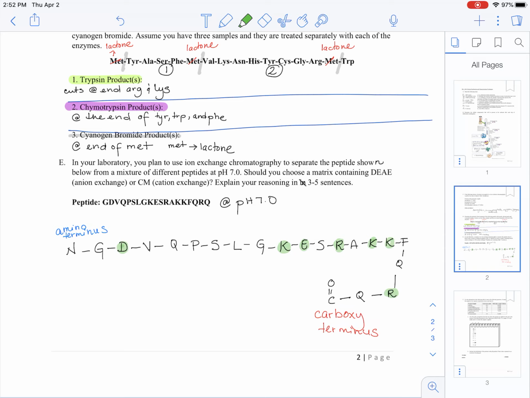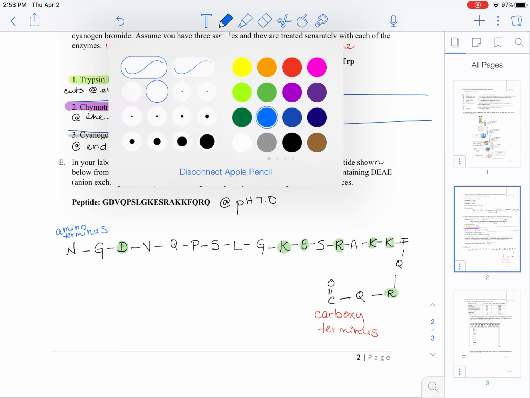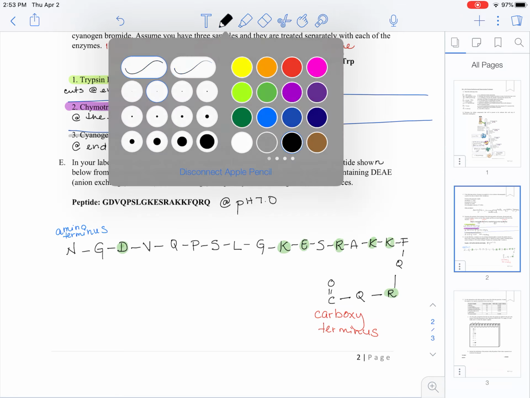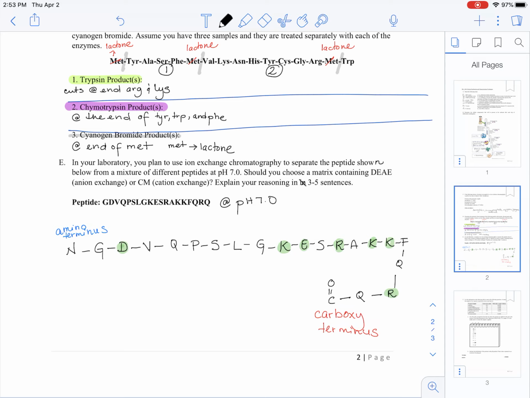The side chains of the ones that I highlighted in green are going to be affected by the changes in pH. In addition to that, my amino terminus in the first amino acid and the carboxy terminus in the last amino acid will also be affected. So let's get started. By looking at the values of the pKa's, you will see that the amino terminus in the glycine is going to remain protonated. Looking at the pKa of the side chain in that aspartic acid, you will know that it remains negative.